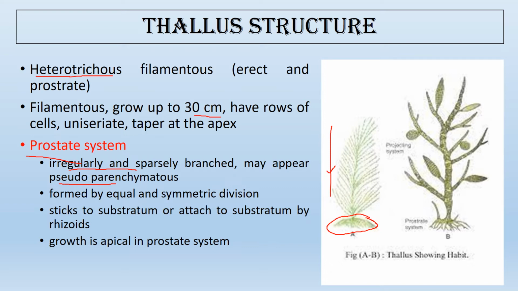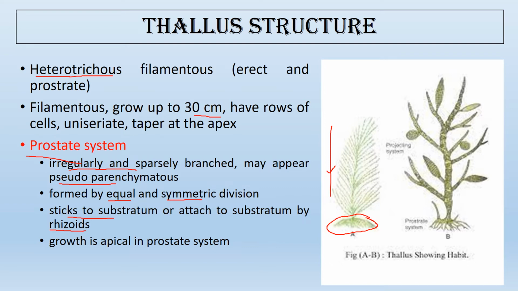Apart from that mutant population, Ectocarpus generally has a prostrate system which is irregularly branched or pseudoparenchymatous, and the cell division is by equal symmetric division. This prostrate system is either attached to the substratum by a sticky substance, or it develops rhizoids.